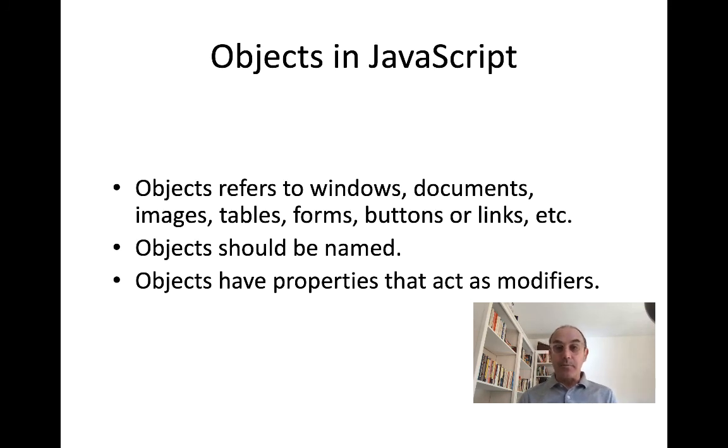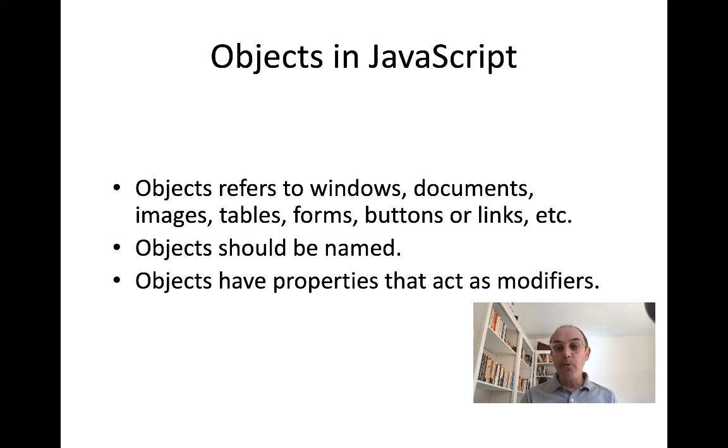The basic understanding of JavaScript is that it is based on objects. An object is, for example, a window, a document, or an image. It is a physical object that we are trying to implement JavaScript on in order to produce something. The object should be named, and this is really important.